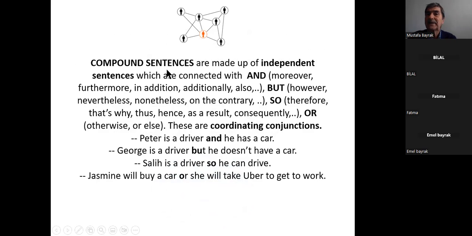But each of them is independent. Compound sentences are made up of independent sentences which are connected with and, or, and in the advanced level, we will see that it has more than 20 variations. It is the richness of language.